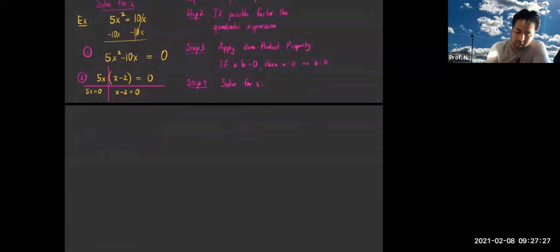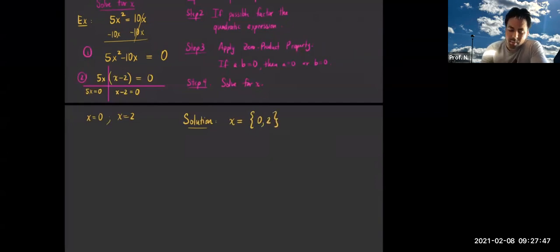So then I get x equals 0 and x equals 2. And then we write our solution. We can write it as a set. So x is equal to, the curly braces is for a set, 0, 2. So my x values in the set of 0, 2 are the solution to the original quadratic equation.